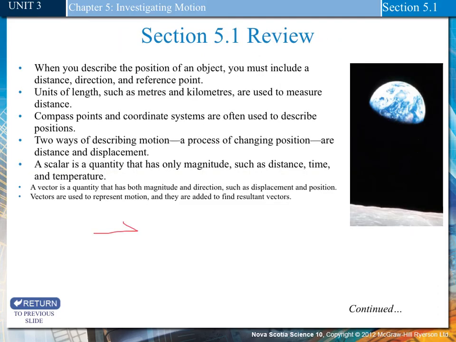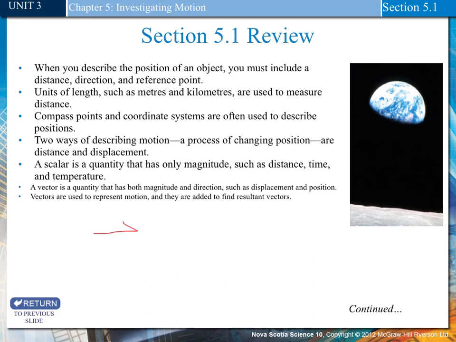Section Review 5.1. When you describe the position of an object, you must include a distance, direction, and reference point. Units of length, such as meters and kilometers, are used to measure distance. Compass points and coordinate systems are often used to describe position. Two ways of describing motion, the process of changing position, are distance and displacement.